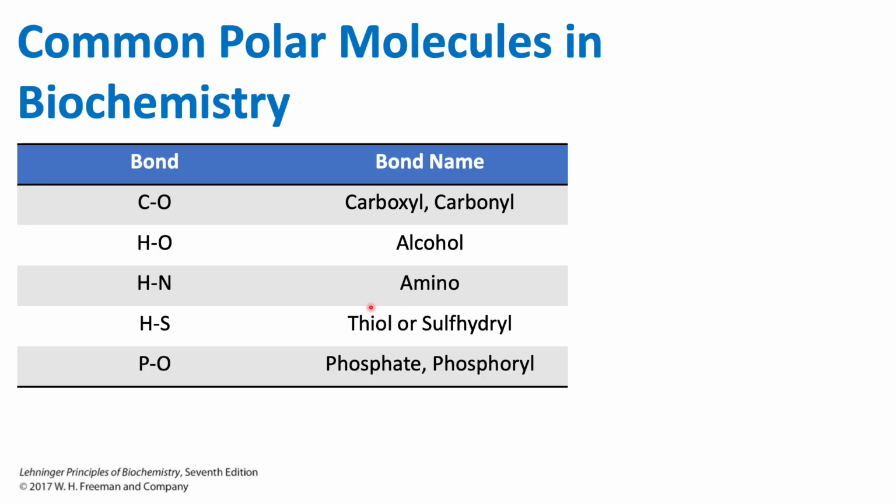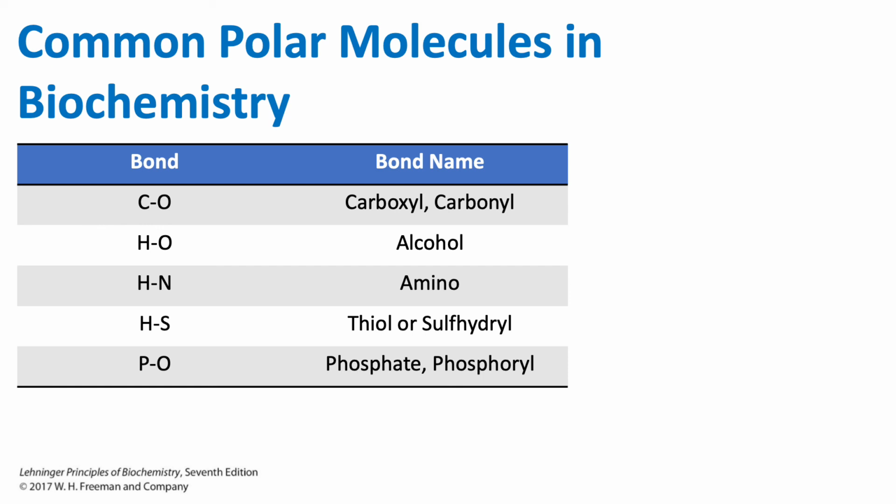Now, some common polar molecules in biochemistry include C-O bonds and H-O bonds. So a C-O bond is a carboxyl or a carbonyl. The difference between a carbonyl and a carboxyl is quite simple, but it can often be confused.